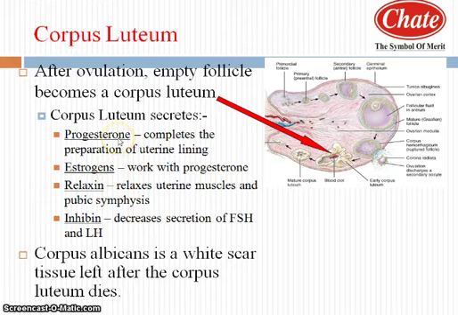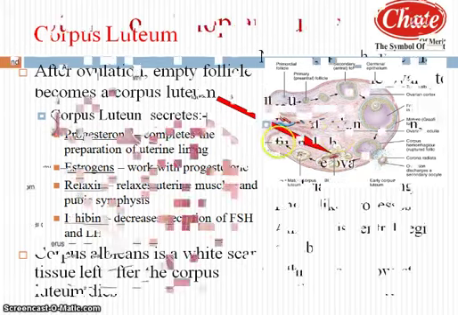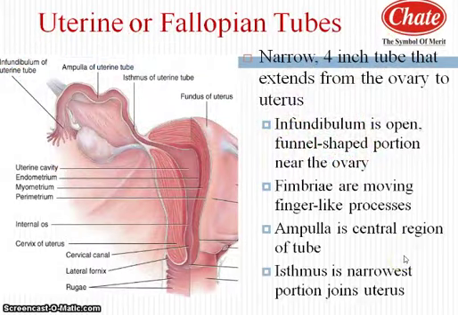The main hormone is progesterone, which maintains the endometrium in the uterus. Relaxin is the hormone secreted during the parturition process, while inhibin is the hormone which decreases the secretion of FSH and LH. If fertilization occurs and pregnancy proceeds, then the corpus luteum persists for the secretion of the hormones. And if fertilization does not occur, the corpus luteum gets converted into corpus albicans.